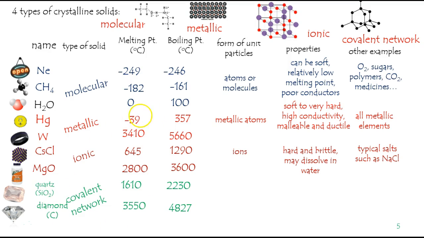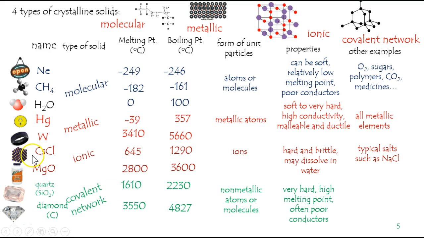Those are way up there. But notice we're not dealing with an overall clear trend because there's variation within all these groups. The unit particle are those individual non-metallic atoms, or in the case of quartz, molecules, and their properties, since it forms such a strong lattice, are typically very high melting points, very hard substances, but there's no real reason to expect them to be conductive.